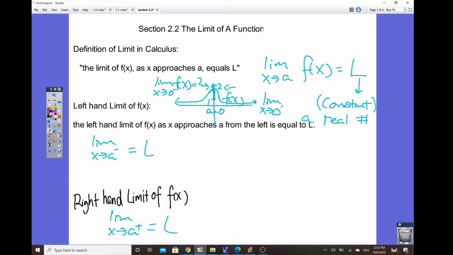From the right hand side, the limit for f of x is also considered 2. Basically it's the same kind of definition, I just want to change the direction. So the right hand limit of f of x as x approaches a from the right equals L. This is just the mathematical expression for calculus.